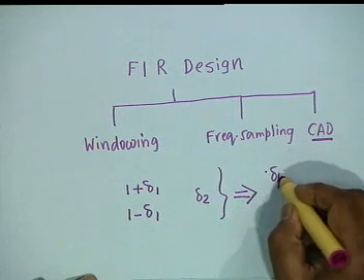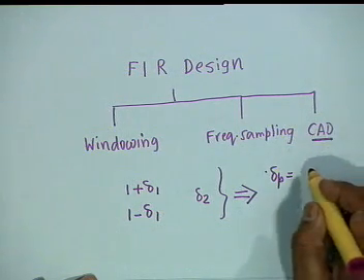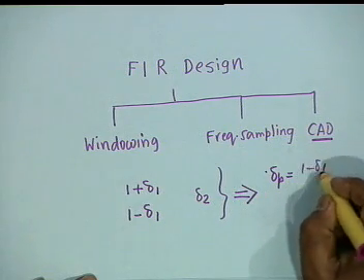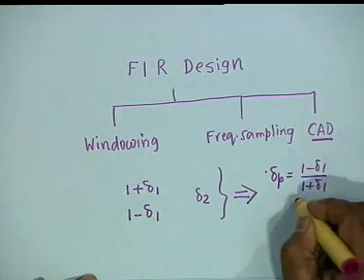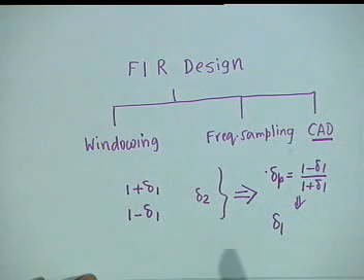So, delta P becomes equal to 1 minus delta 1 divided by 1 plus delta 1, which by componendo and dividendo you require delta 1 to be able to estimate the order required of the FIR design.